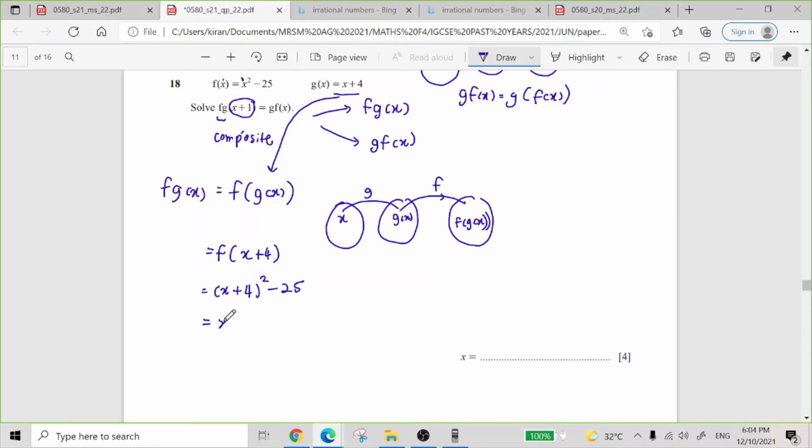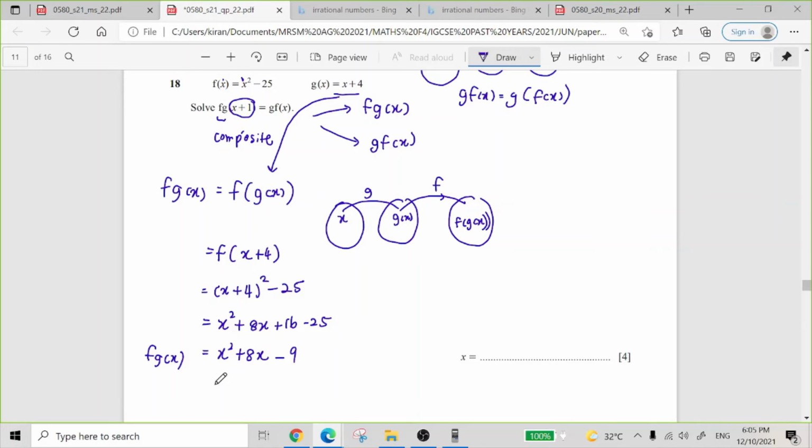And then we get x squared plus 8x plus 16 minus 25, so x squared plus 8x minus 9. That one is the function fg(x). We stop there.